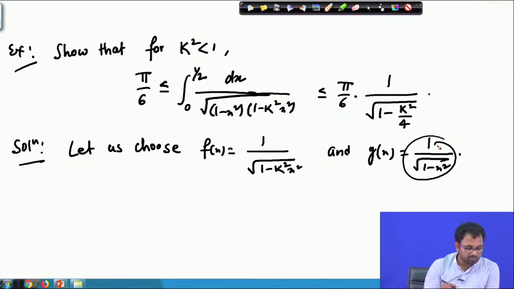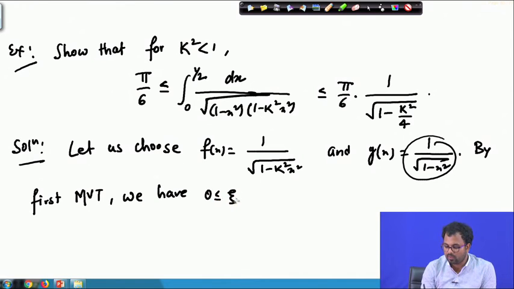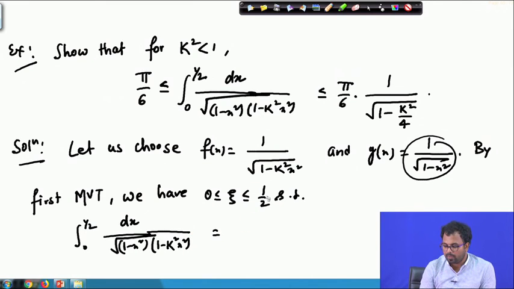And by the first mean value theorem, which I will write as MVT, we have: it satisfies all the criteria of the first mean value theorem, and therefore there exists a xi between 0 to half, such that the integral from 0 to half of dx over square root of (1 minus x square)(1 minus k square x square) is equal to f of xi.